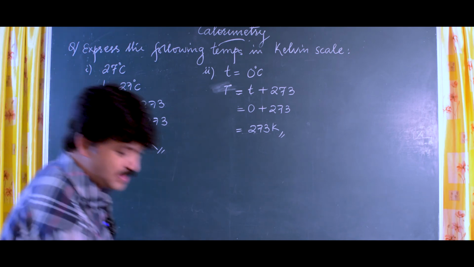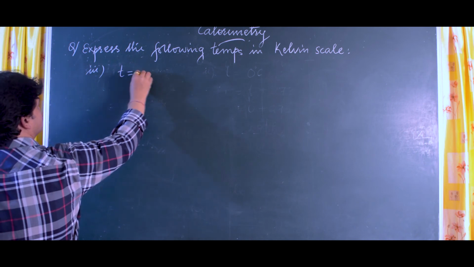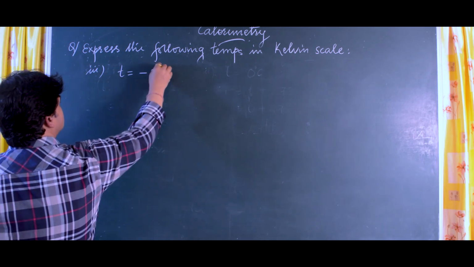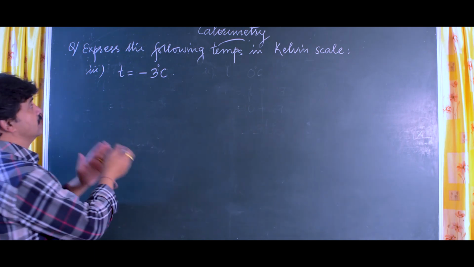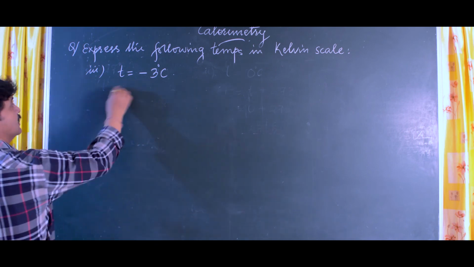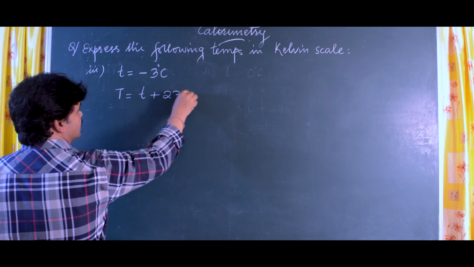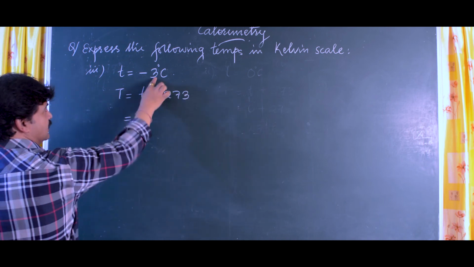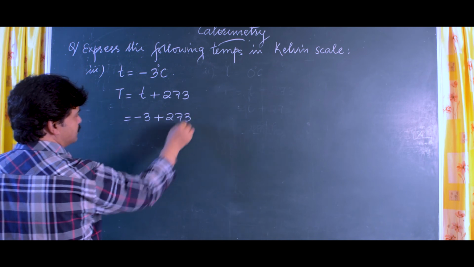Now the last one. In question number 3, I'm taking the temperature in Celsius to be minus 3 degrees Celsius. And sometimes in winter, we experience this kind of temperature, no? As we know, T is t plus 273, so T here is minus 3 plus 273.